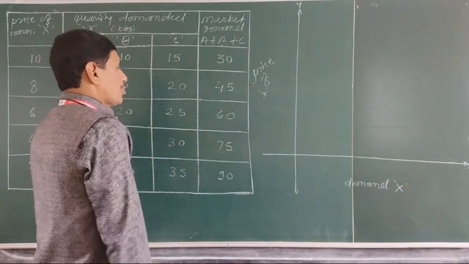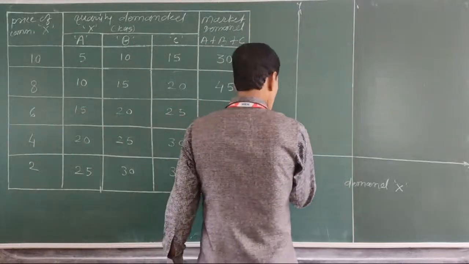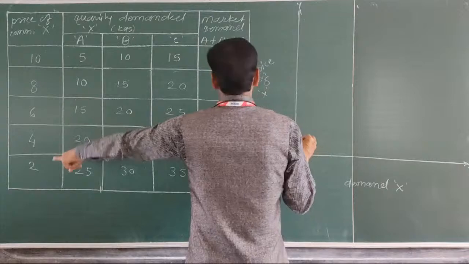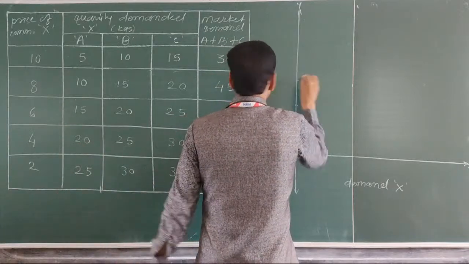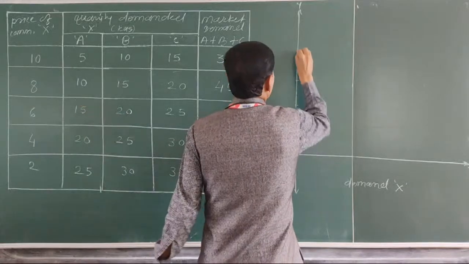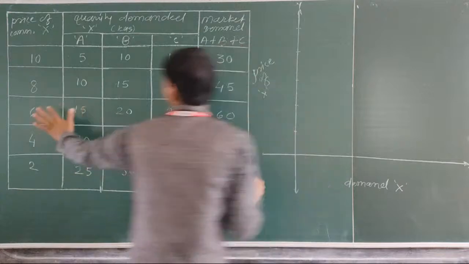So demand of commodity X. So price 2, look at that, 4, 6, 8 and 10.